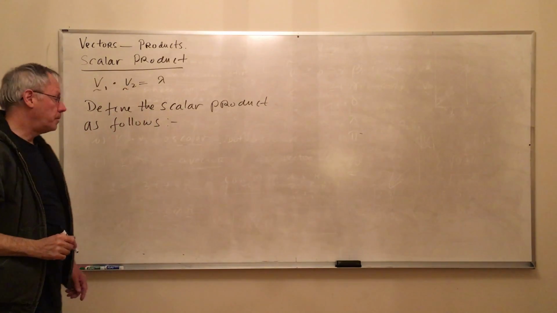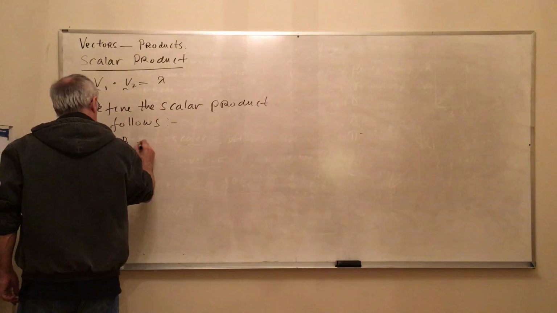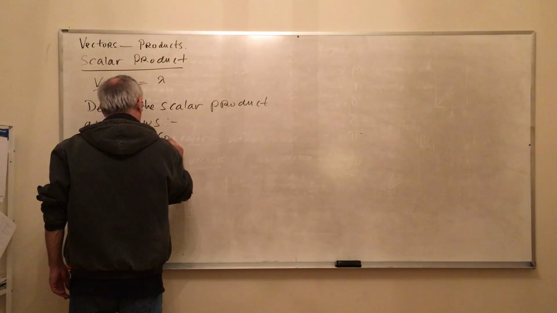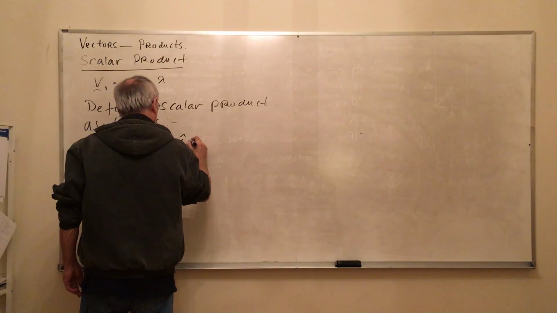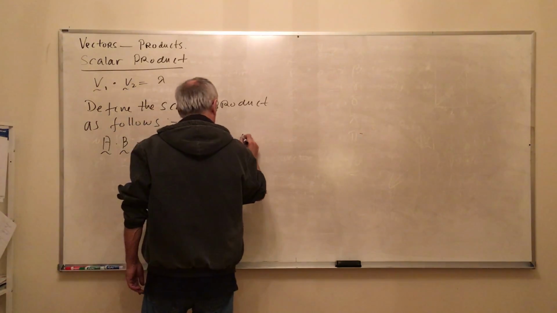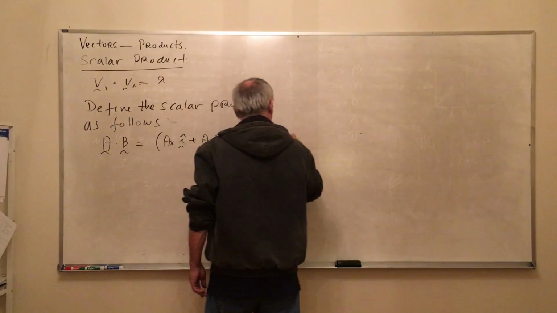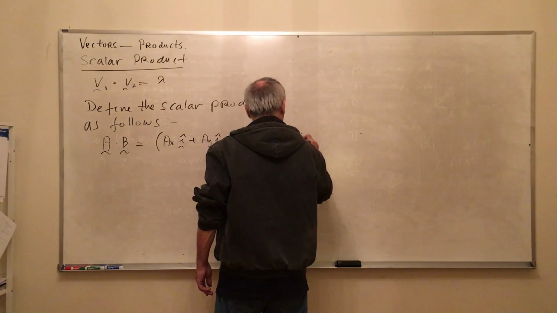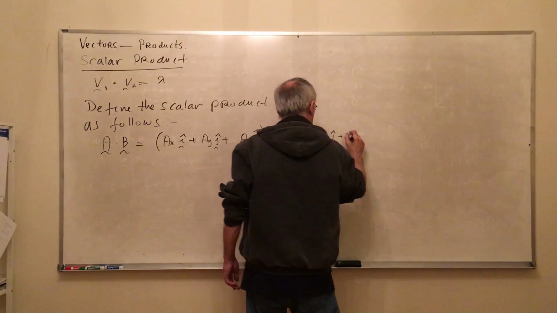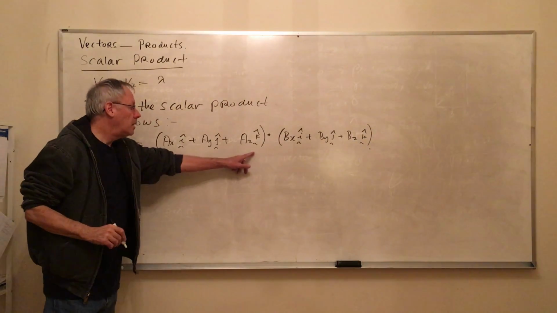We define it as follows. We'll take a vector A and multiply by vector B. Now I'm keeping the hats today, or just for this line.